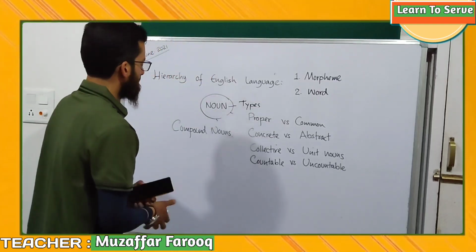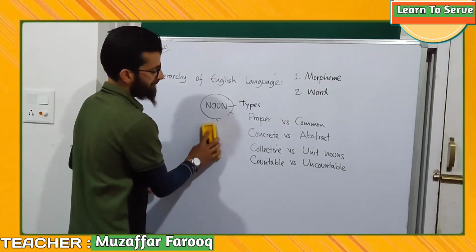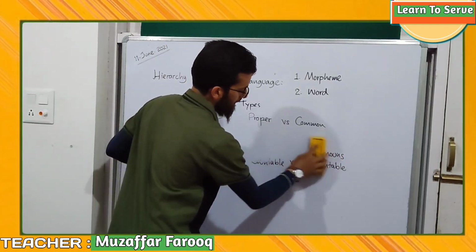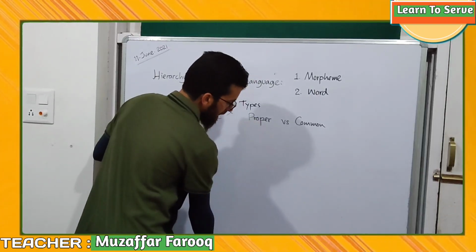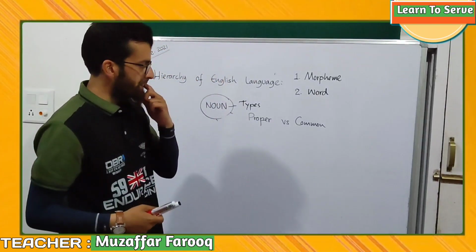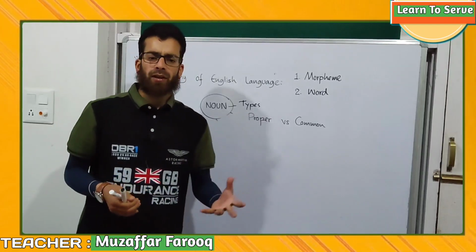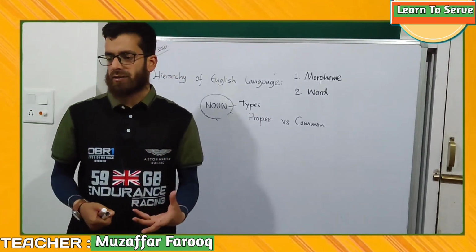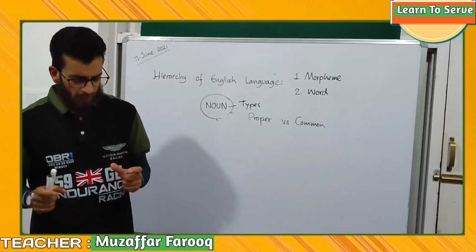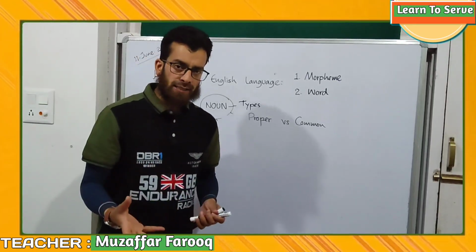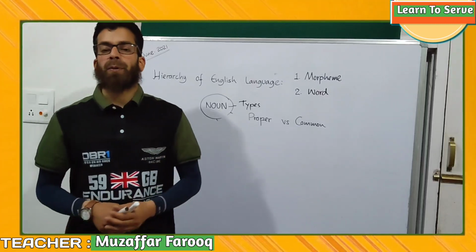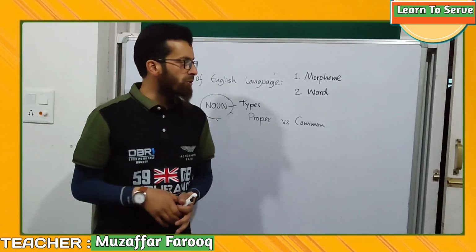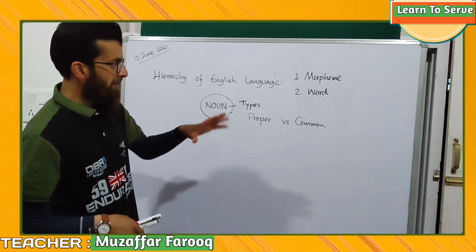So first, we will talk about proper nouns versus common nouns. First of all, what are nouns? We know they are naming words. Nouns are simply naming words. We can name a place, a thing, a person, an idea.